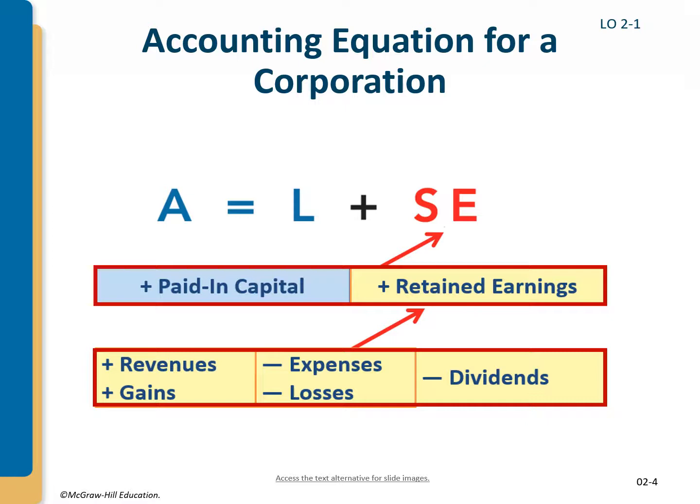So retained earnings will be net income or net loss, which would be revenues, gains, expenses, and losses netted together, minus dividends. Dividends are the part of the earnings that are paid out to the shareholders. So dividends would decrease retained earnings.